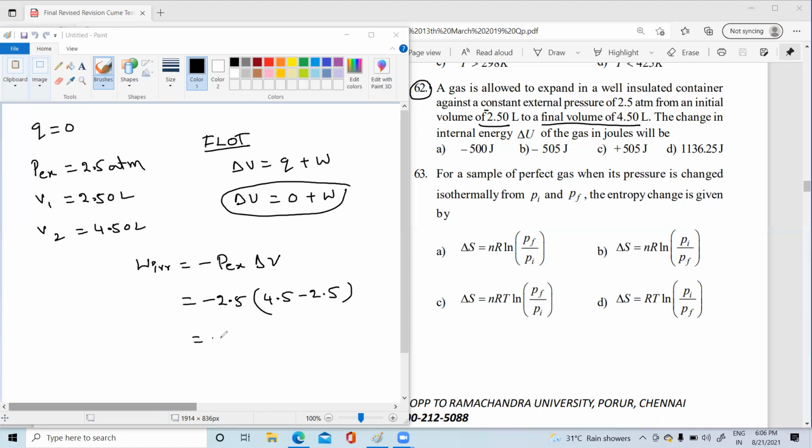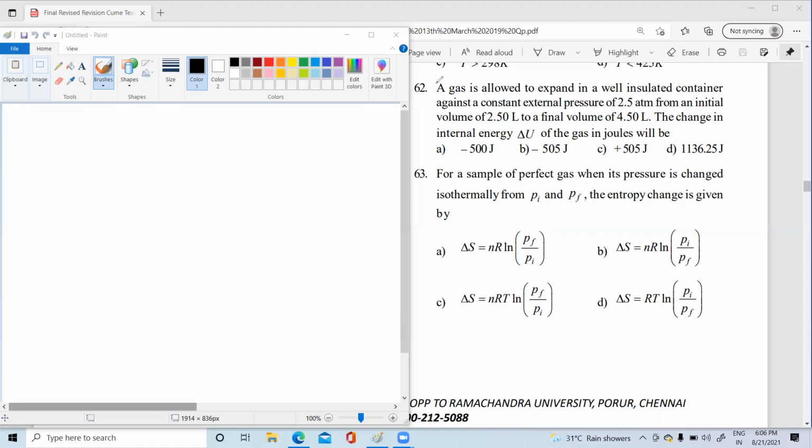On simplification, you will get minus 5 liter atm. But in the question it is given in joules, so multiply minus 5 into 101.3 joules, because 1 liter atm equals 101.3 joules. So students will get minus 595 joules as the answer.